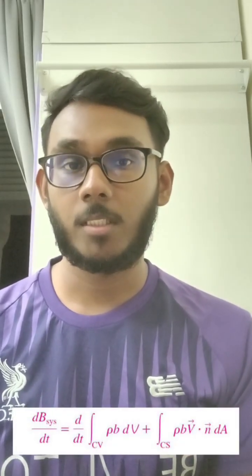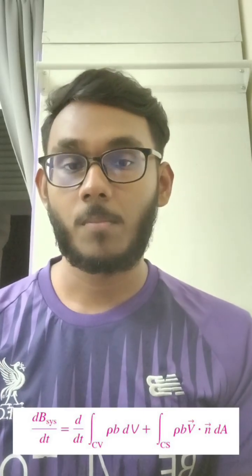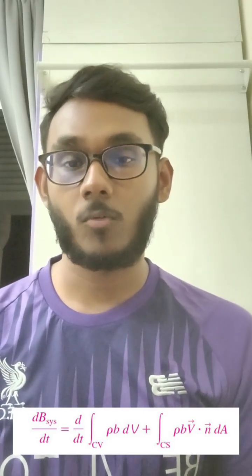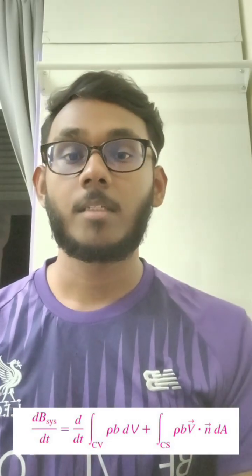This equation is written as dB system over dt equals d over dt integration CV rho beta dV plus integration CS rho beta V times n dA, where the first term represents the accumulation of the property within the control volume and the second term represents the net flow across the boundary.